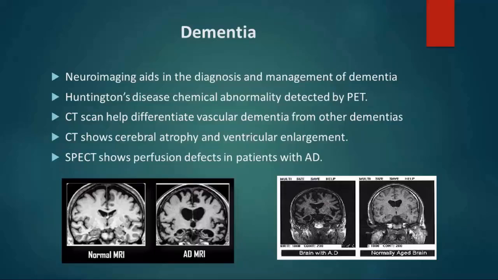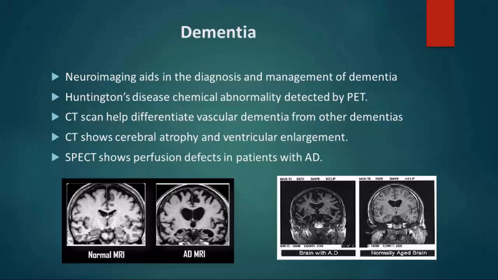And the CT scan can also help differentiate vascular dementia from other dementias. The CT scan can highlight whether there is atrophy in the cerebral part of the human brain, or there is ventricular enlargement. So in dementia, the CT scan will highlight that.